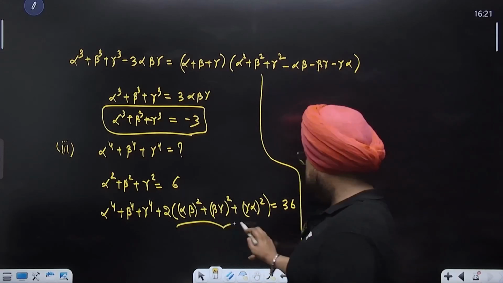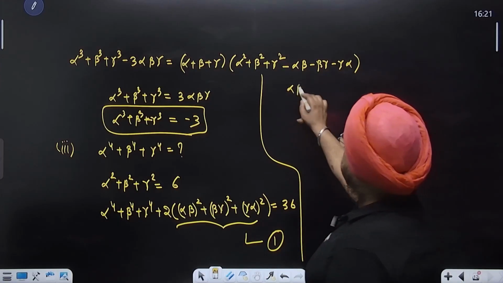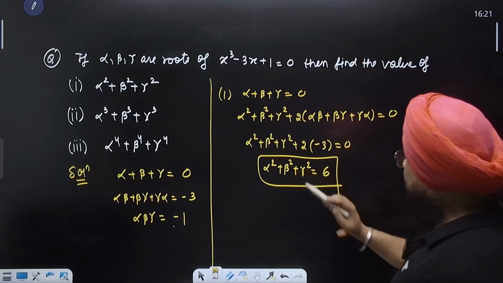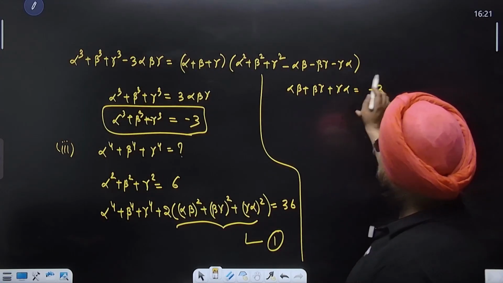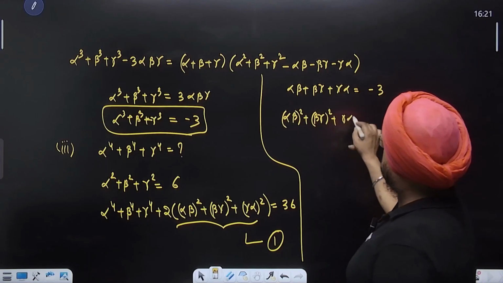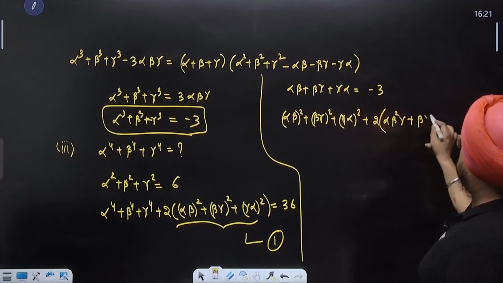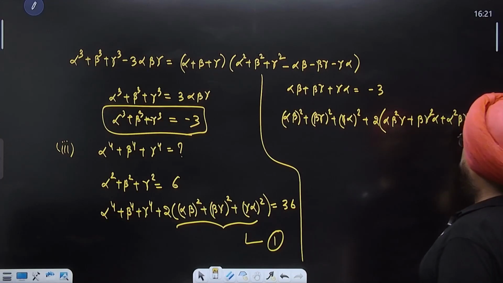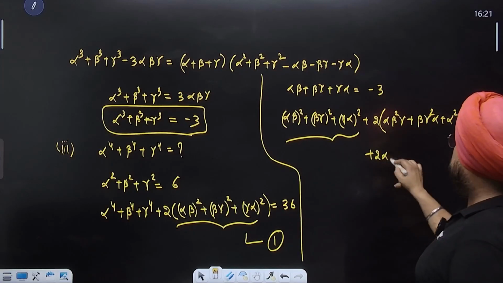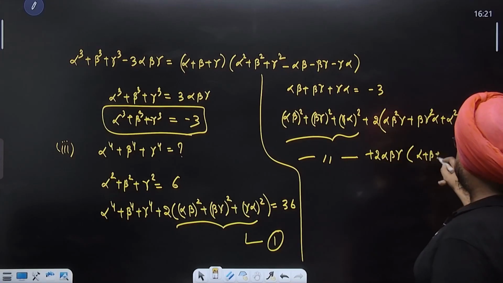Now for this expression, consider this as equation 1. Alpha beta plus beta gamma plus gamma alpha is minus 3. If I square this, plus 2 times alpha beta gamma into (alpha plus beta plus gamma), is equal to 9.